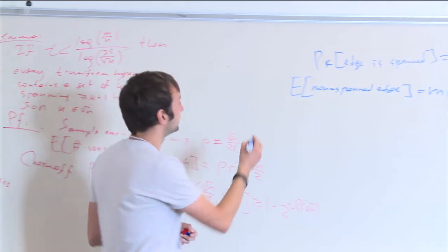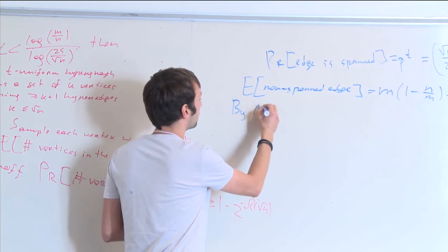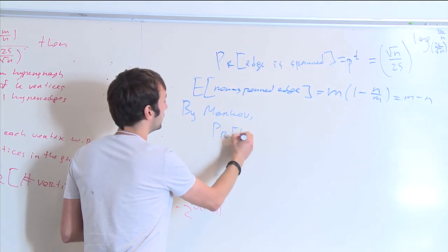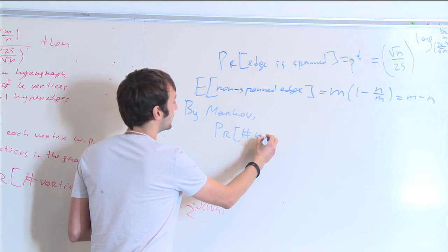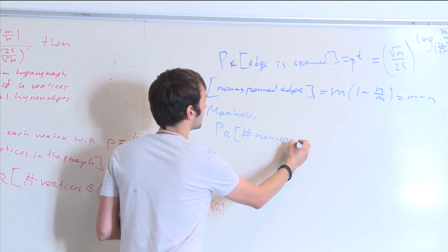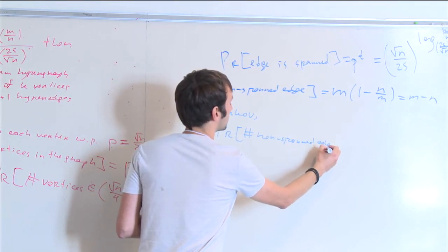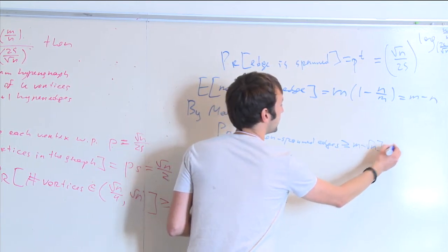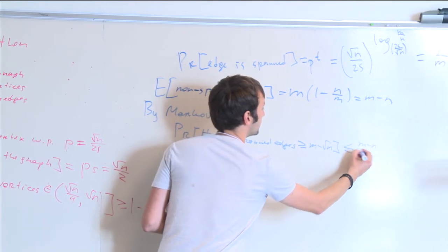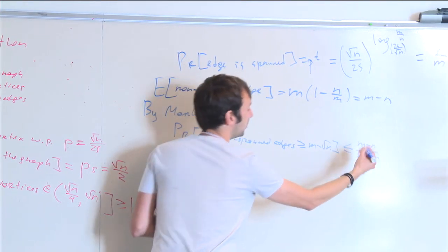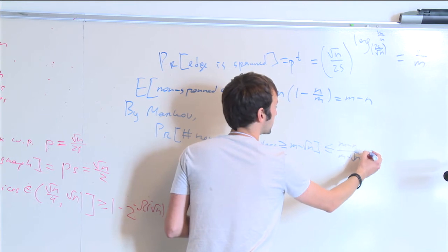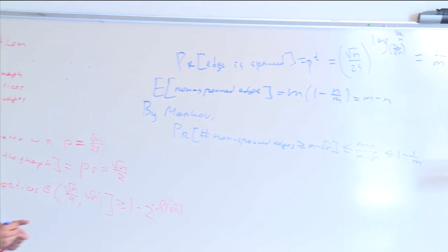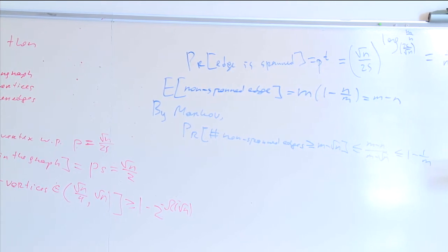And then by Markov, the probability that the number of non-spanned edges is at least m minus square root of n is at most m minus n divided by m minus square root of n, which is bounded away from 1. Say less than 1 minus 1 over m. Okay, so what do I have now?